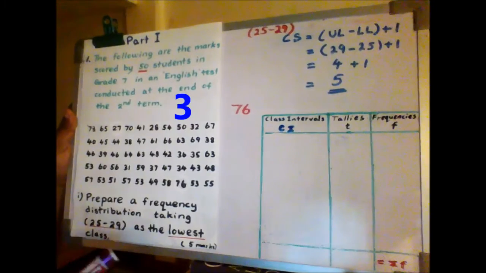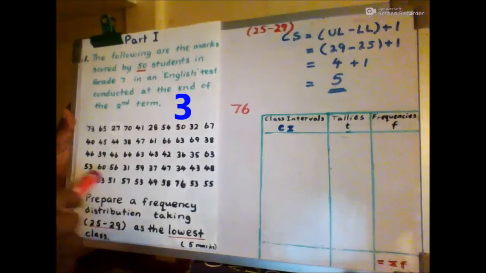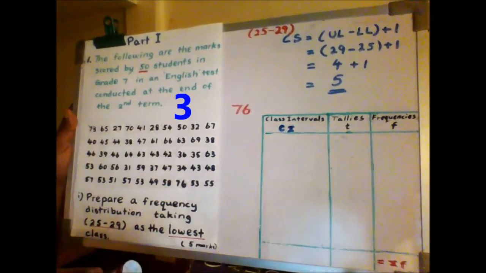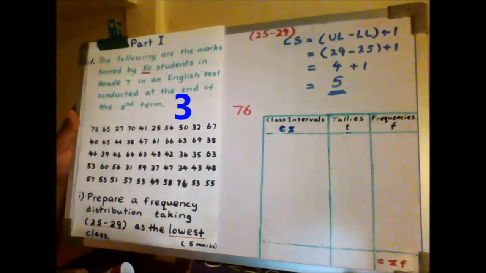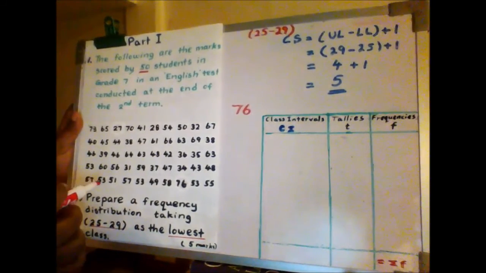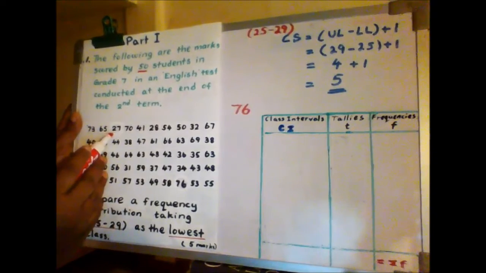We'll do this problem. Prepare a frequency distribution. So you can see a set of data. There are 50 marks of 50 students. Now you'll have to find the highest value and the lowest value. Now first we'll find the lowest value. 27 is there.